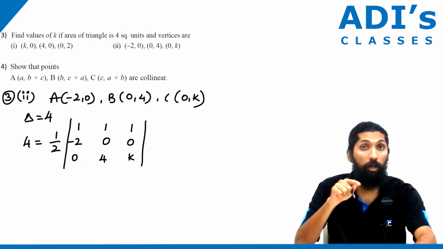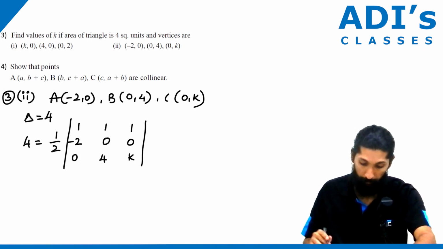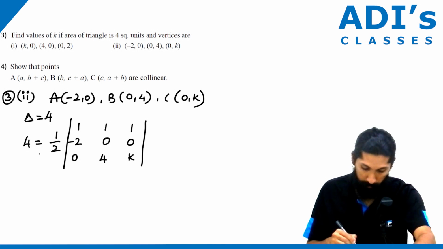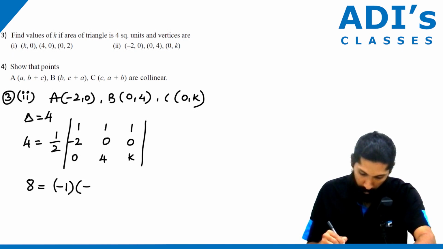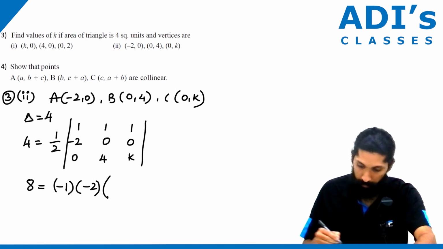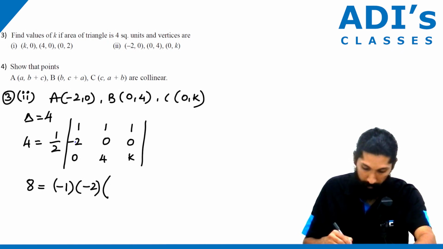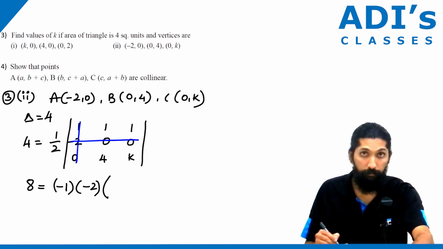Correct? When you're talking about second row, first element, in the sense here, again, cross multiply, 8 is equal to second row, first element, right? So, minus 1 into minus 2 into determinant of, because we are taking off this row and this column.